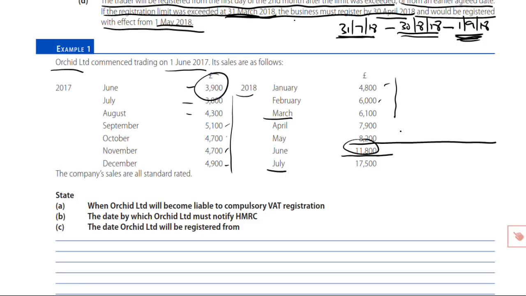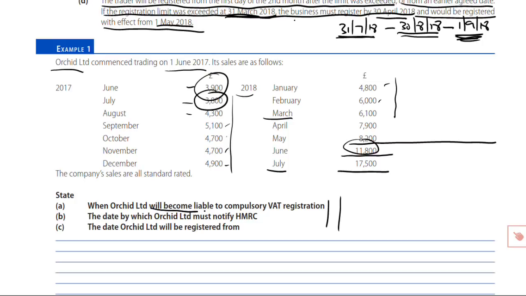Does that increase take you above 85,000? If it doesn't, we move on to, we add in July of 18, and we take out July of 17. Now, pretty obviously here, that's the latest point we can be working to, by which time we would become liable to compulsory VAT registration.